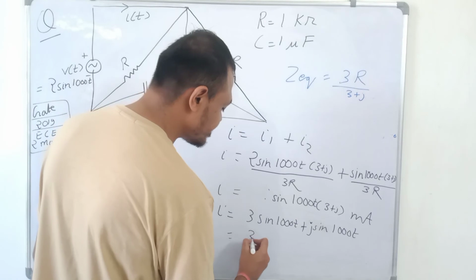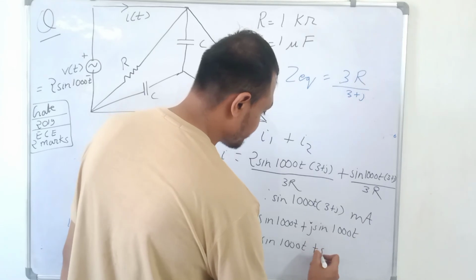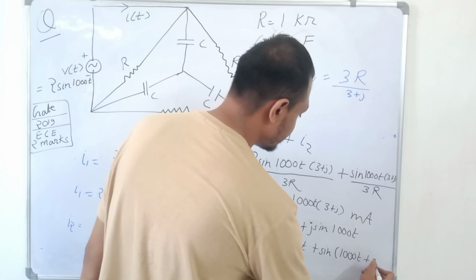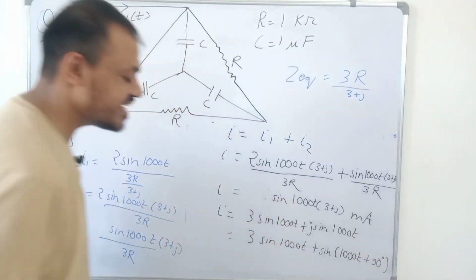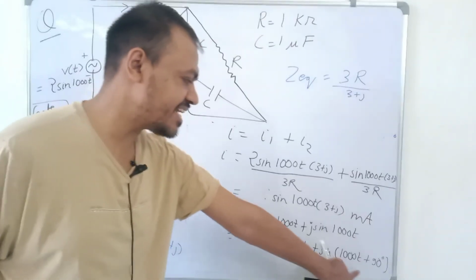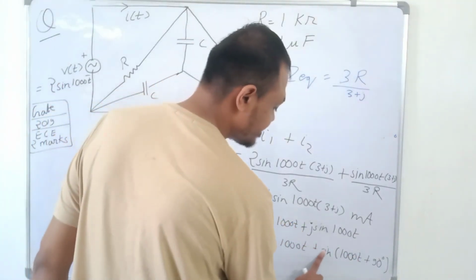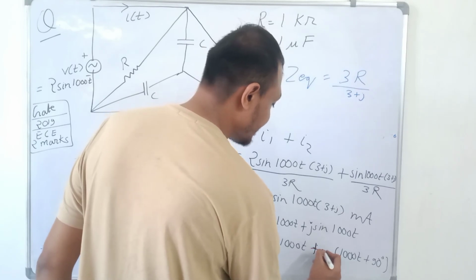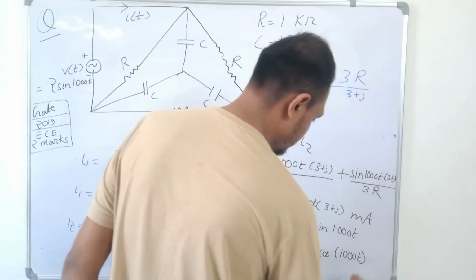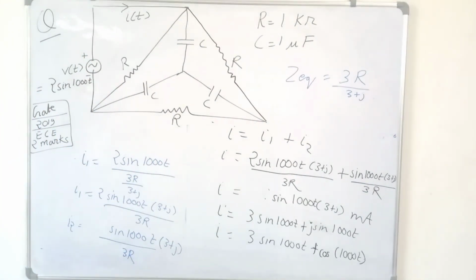So we can also write it as 3 sin 1000 t plus sin of 1000 t plus 90 degrees. Sin of 90 degrees plus theta is equal to cos theta. So we can replace it with cos and remove this 90. So the value of current I is equal to 3 sin 1000 t plus cos 1000 t.